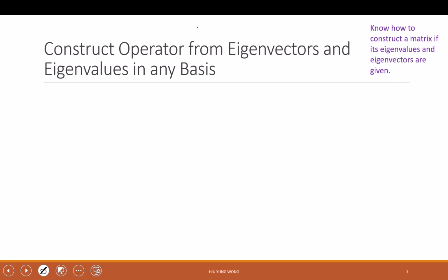Okay. So let's say given A's eigenvalues, I tell you, right? And vectors. So what are the values? Lambda i, and the vector will be lambda i ket. Then how do you construct A?